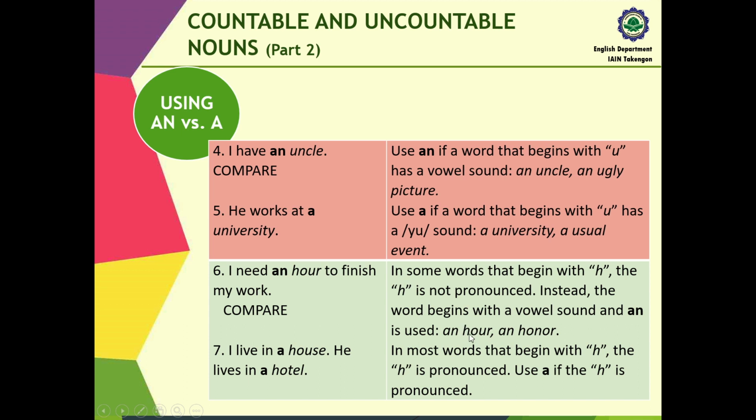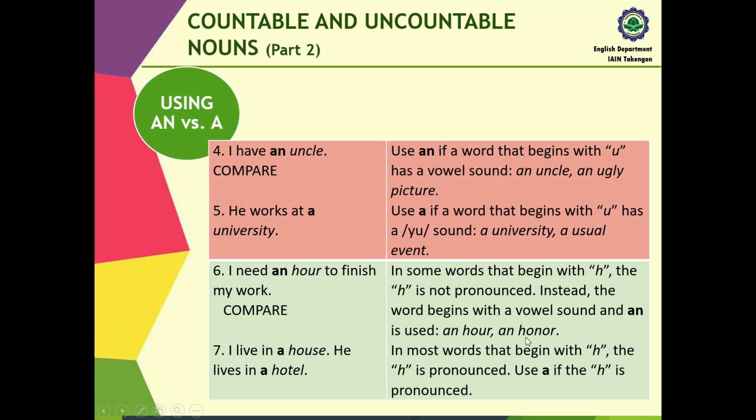But in this word, this consonant is not pronounced. We say "our". So the letter H is not pronounced, and we just go directly to the second letter, "our". So we have a vowel sound here. That's why we use an hour.